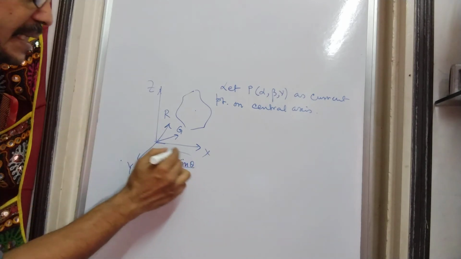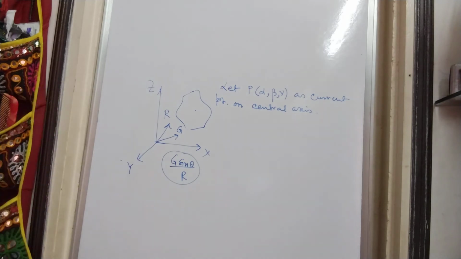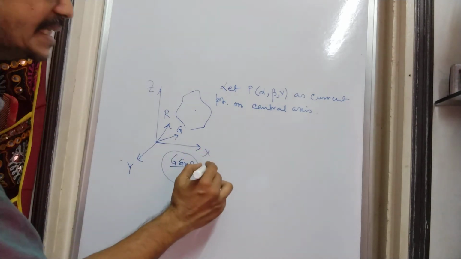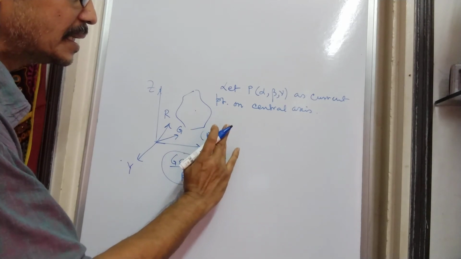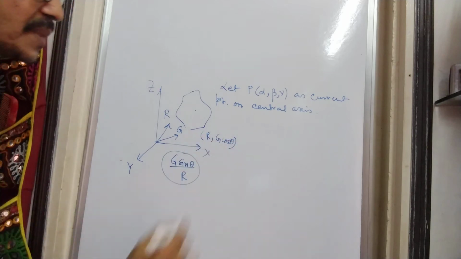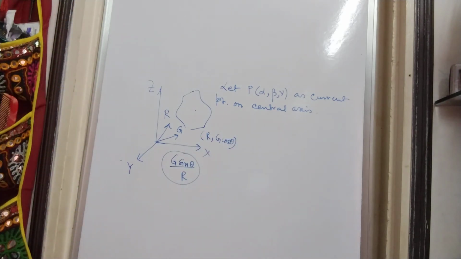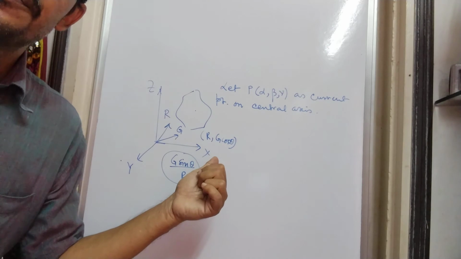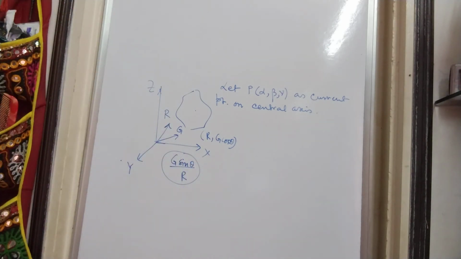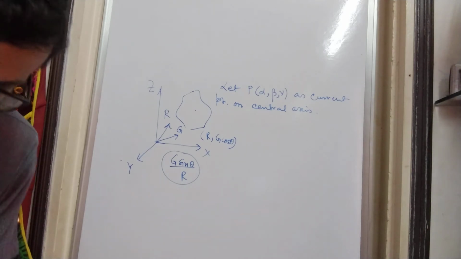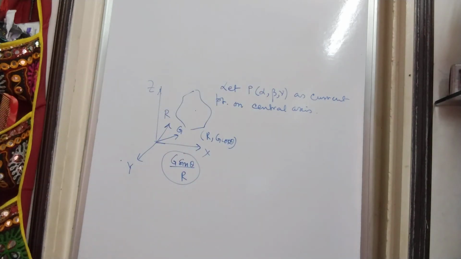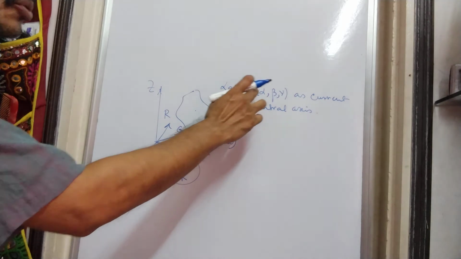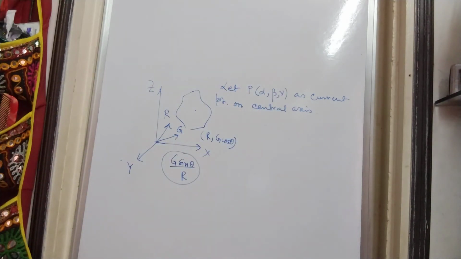This is a distance shifted to here, through which both R and G cos theta act, and we termed it as the wrench of the system, to which all the forces are reduced, a force and a couple acting along a single unit direction, and we have taken a point P, alpha, beta, gamma, on that line only. This is a current point, and we will try to find the equation of the central axis with respect to these 3 points only. This you can easily apprehend.